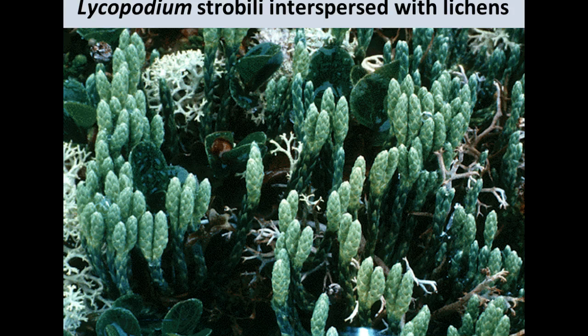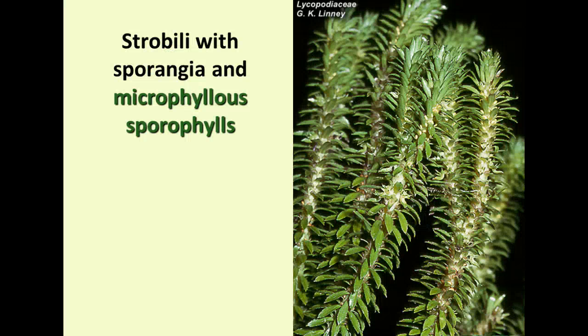So we have all these strobili, and they're sort of interspersed with lichens. And lichens are really cool in that there's a symbiosis between fungus and algae. And these are strobili with microphyllous sporophylls.